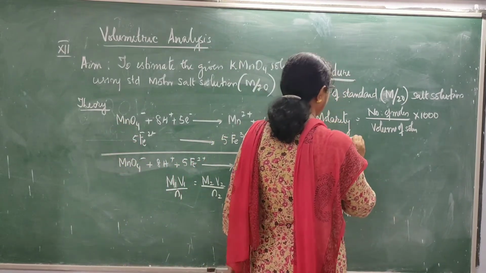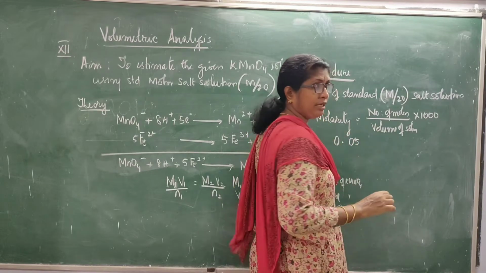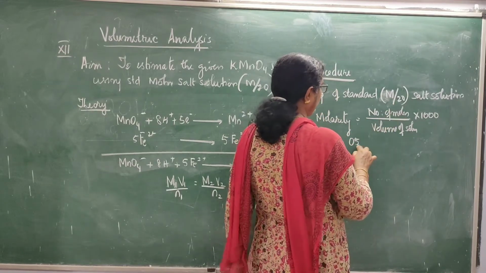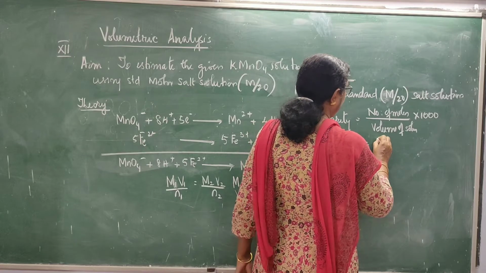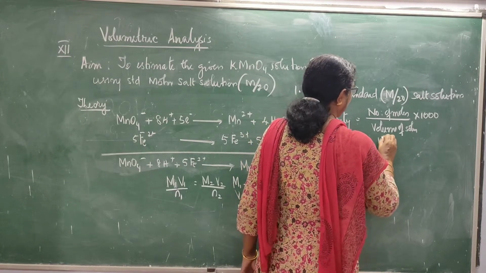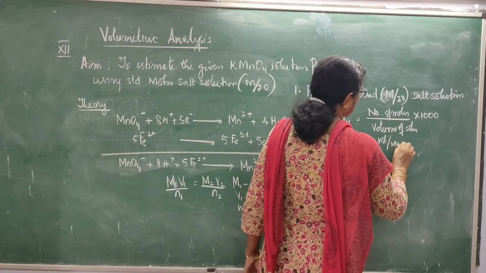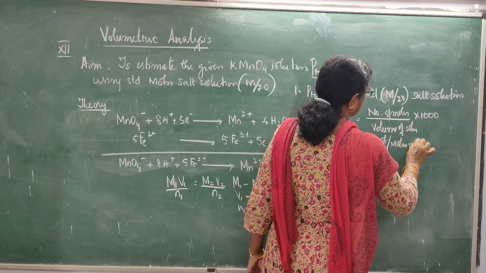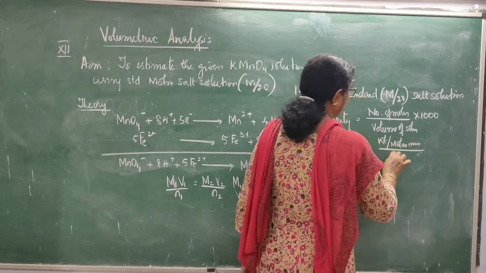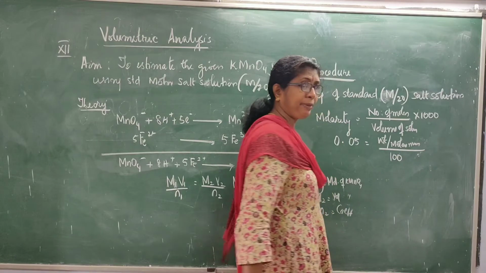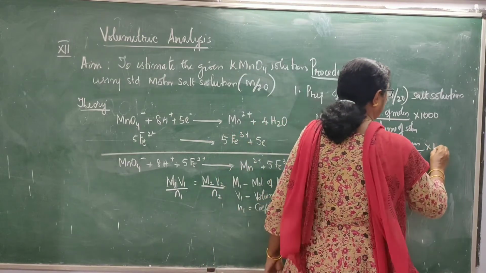We are going to prepare 0.05 molar; M/20 is 0.05. This is equal to the number of moles, which you find as given mass by molar mass, divided by the volume of solution, 100 ml, into 1000.